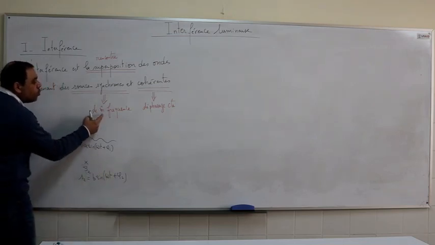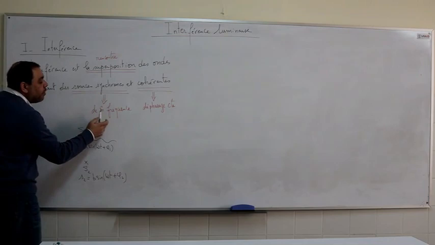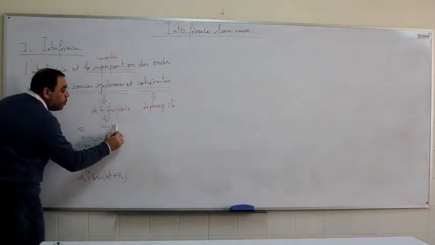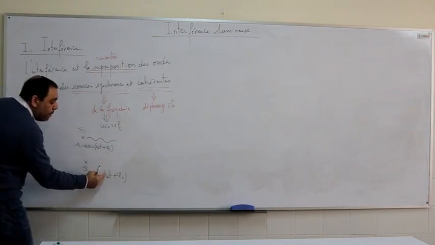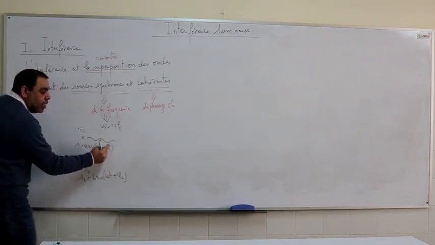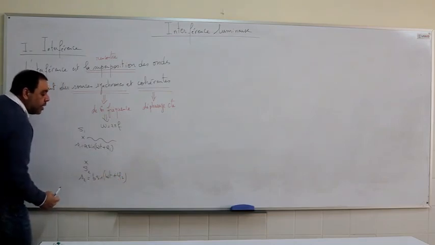Omega is equal in both expressions. So the sources are synchronous, where omega is equal to 2 pi f. Phi 1 is the initial phase of S1 and phi 2 is the initial phase of S2.